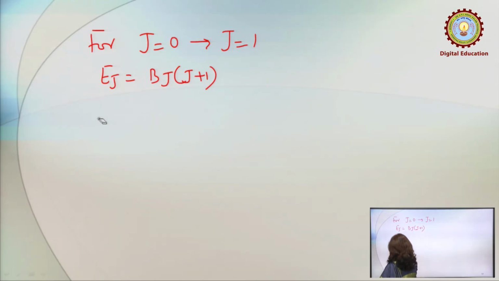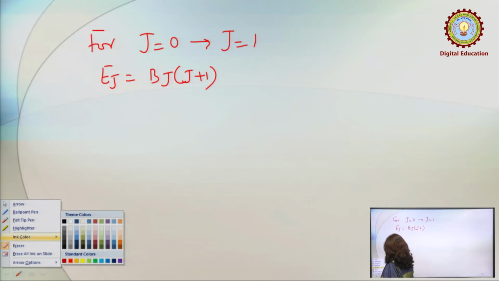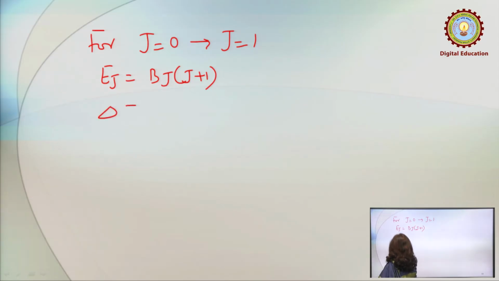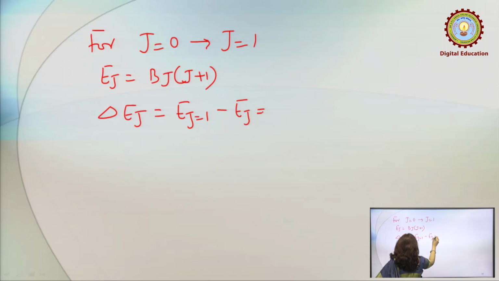So, delta E_J is equal to E at J equals 1 minus E at J equals 0.